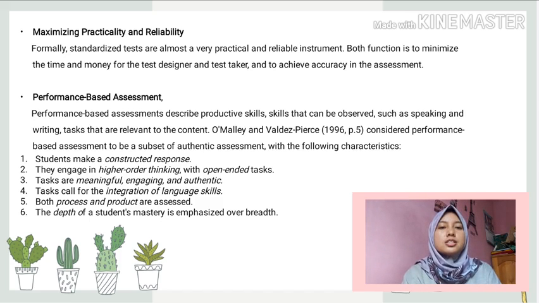Alternatives such as portfolios, discussing written work drafts with students, or observing students from time to time require considerable time and effort from the teachers and students.